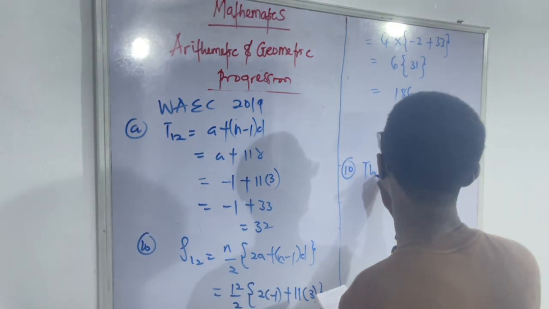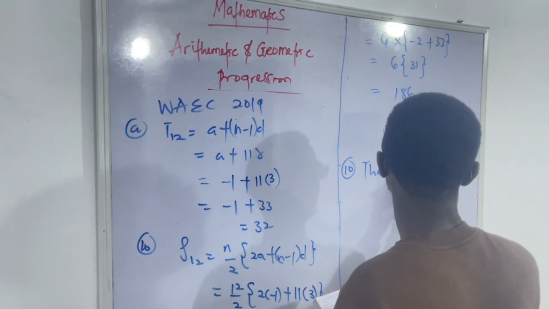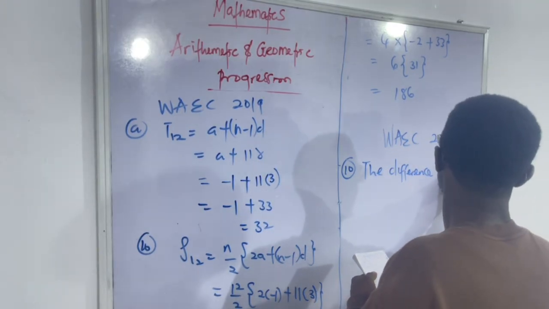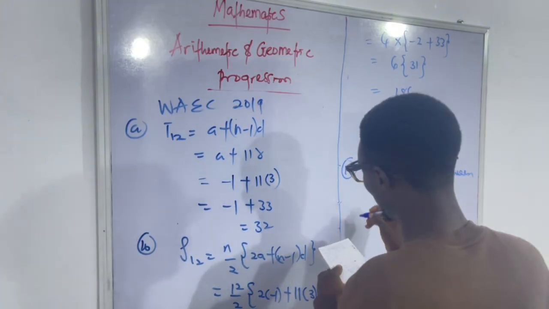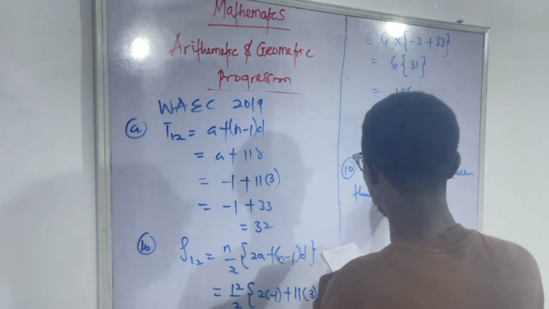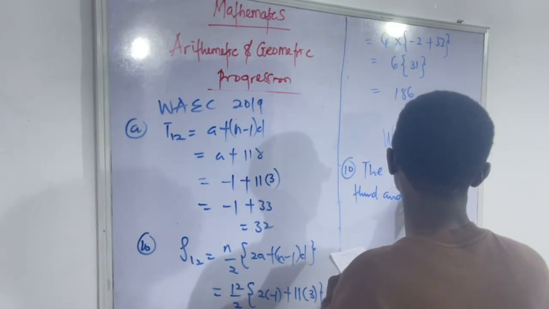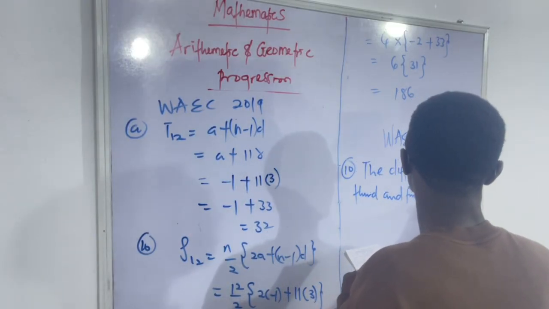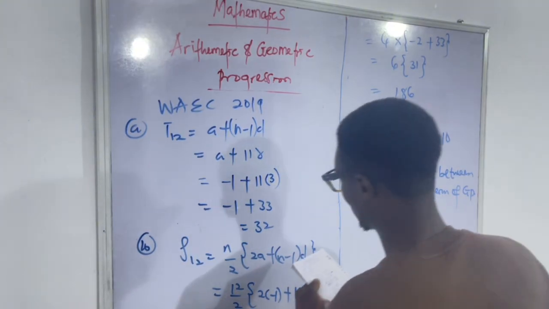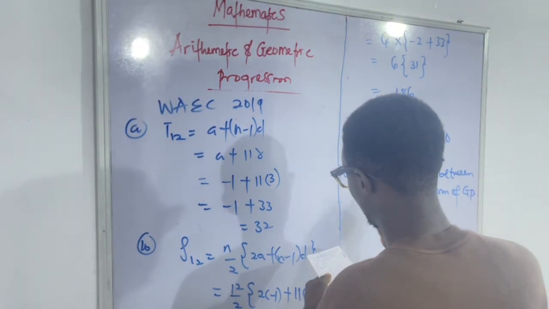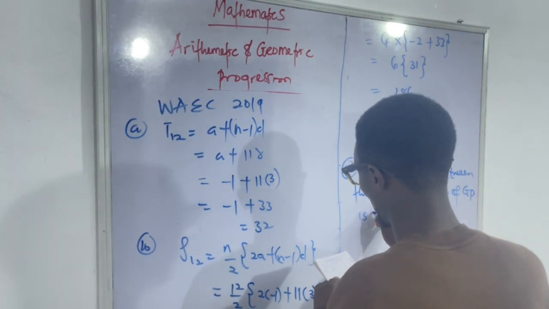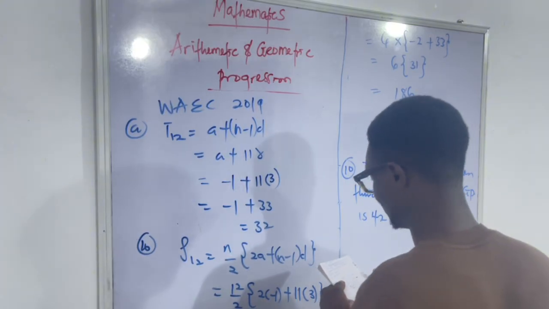It said the difference between the third and first term of a GP, which is geometric progression, is 42.